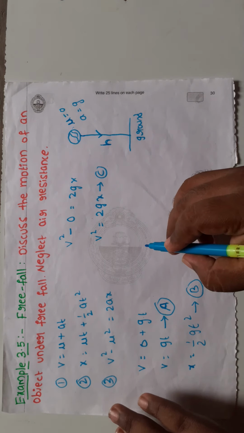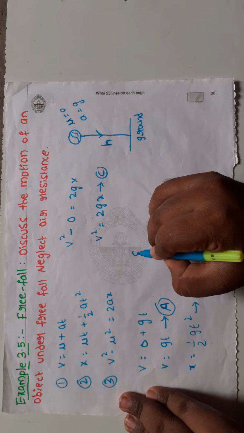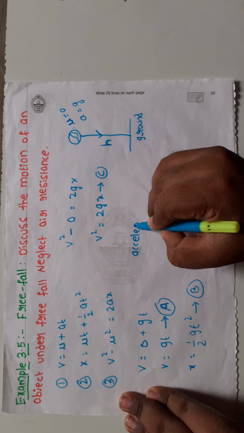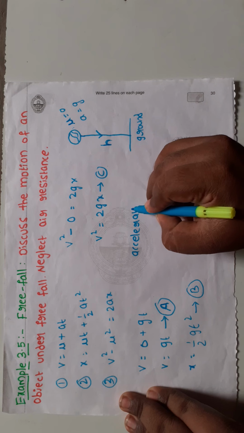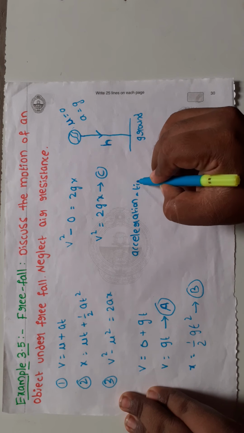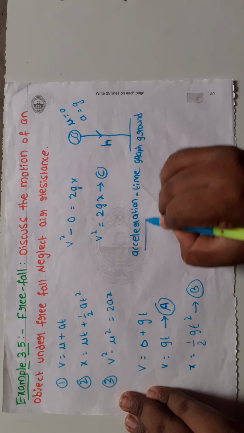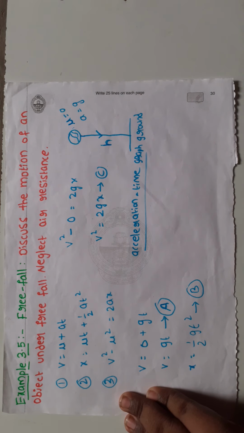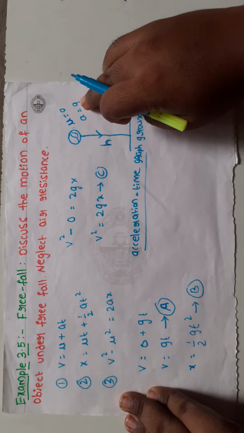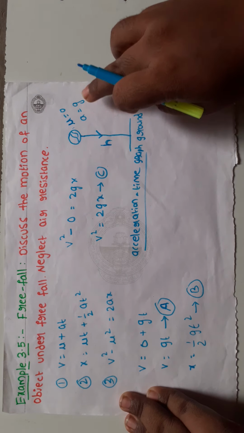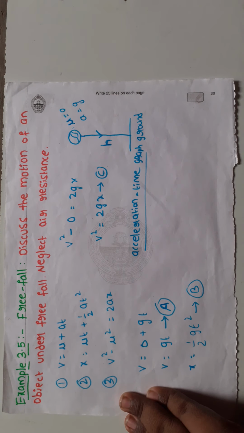Now I am drawing the acceleration versus time graph. Here time increases 1, 2, 3, 4, 5, 6, 7, 8 seconds. What about the acceleration due to gravity? The acceleration due to gravity is constant.